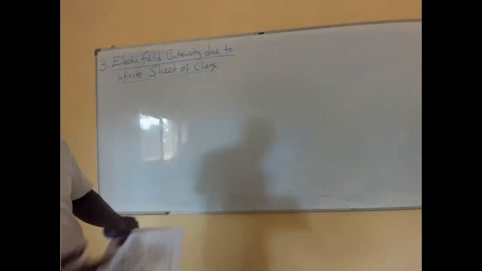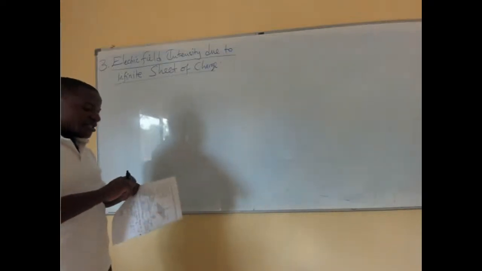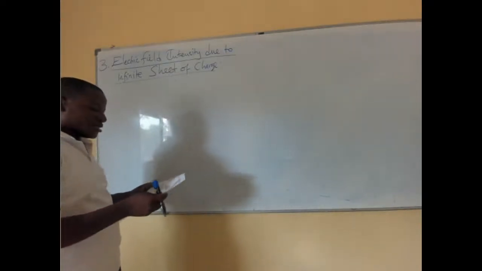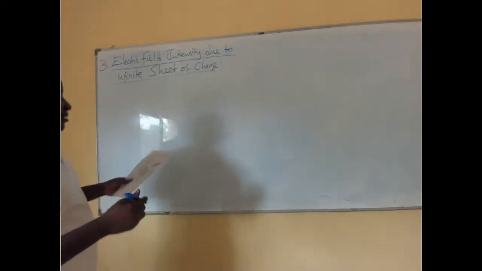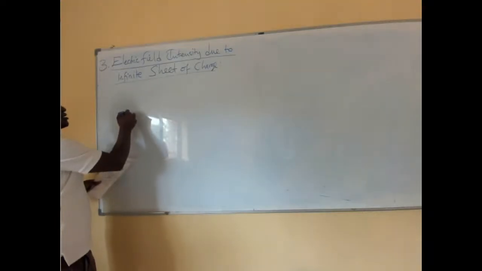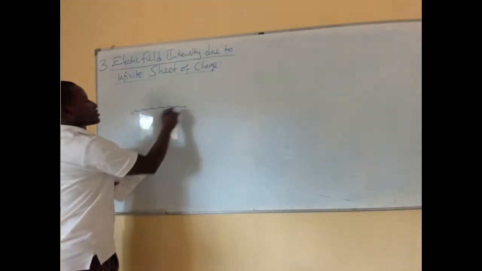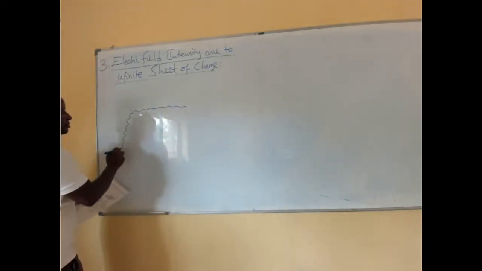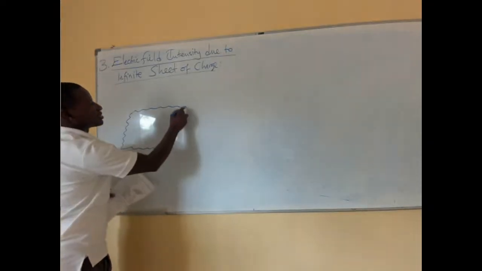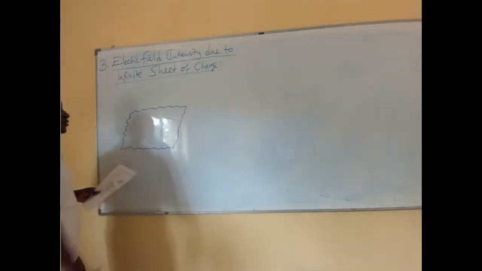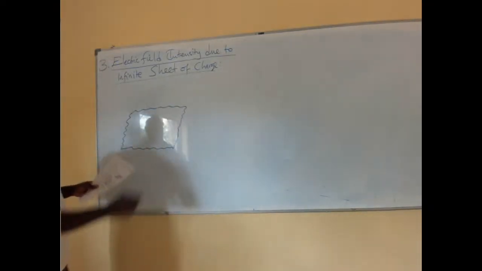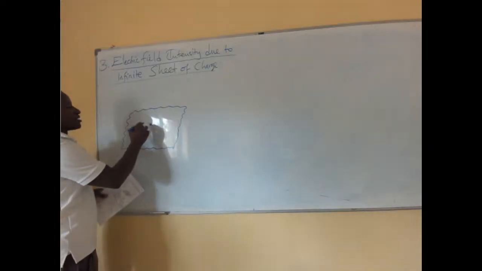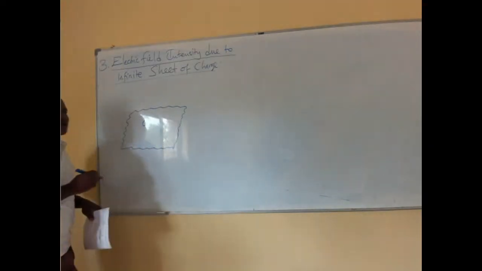Which is what you have there in your notes. So put up a diagram here. We have this as our sheet, which is infinite. Then of course we can pick that as our origin. We call it 0.